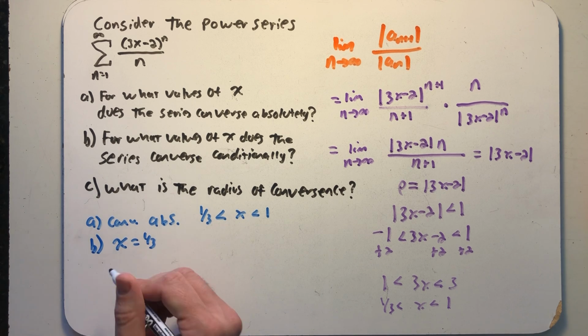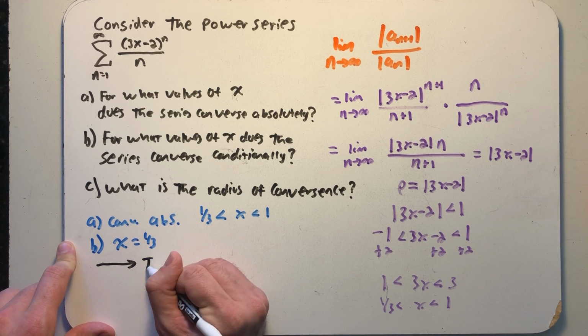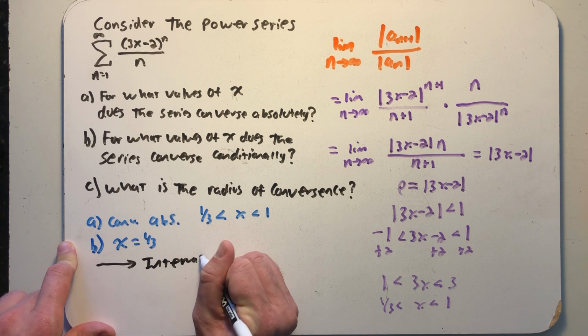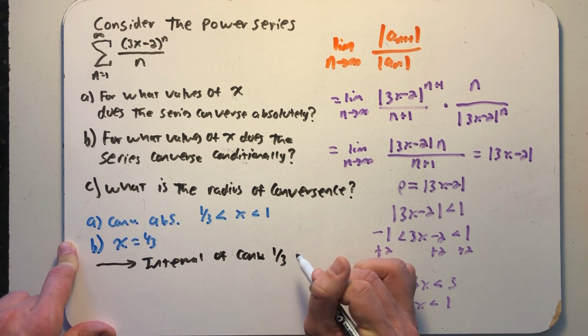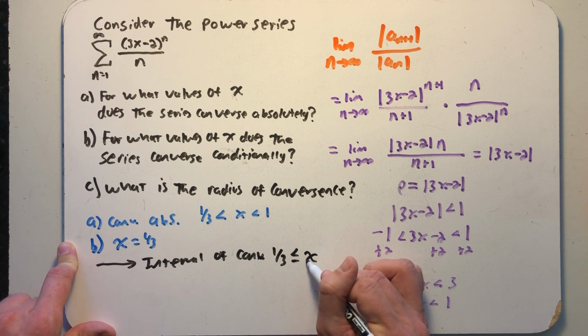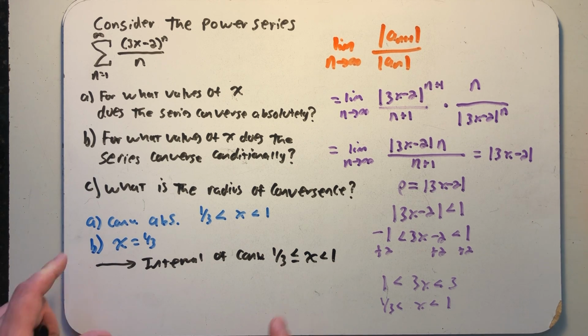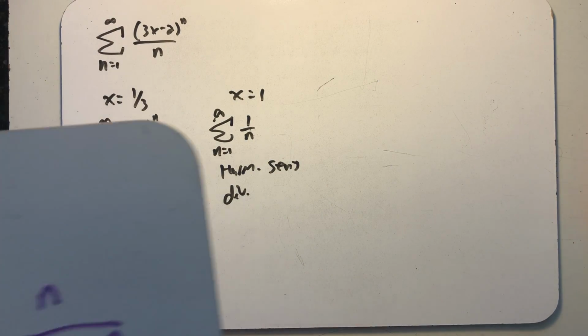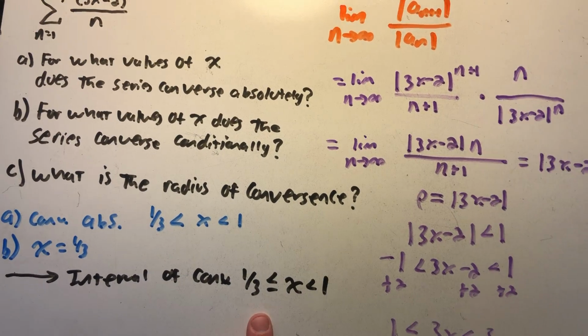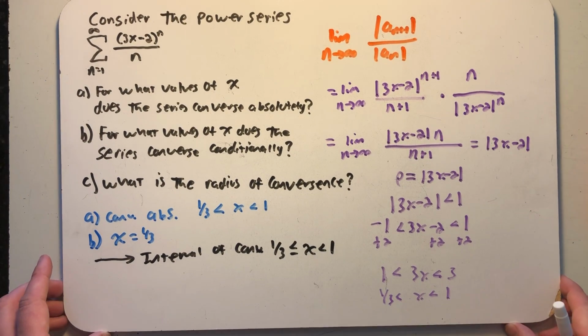Now, I'm going to sneak an extra statement in here: now I have an interval of convergence. I could write that my series converges from 1/3 all the way to 1, including the 1/3 but not the 1, because of the work we did back here. Then I have absolute convergence on the inside of the interval and conditional convergence just at that one endpoint.